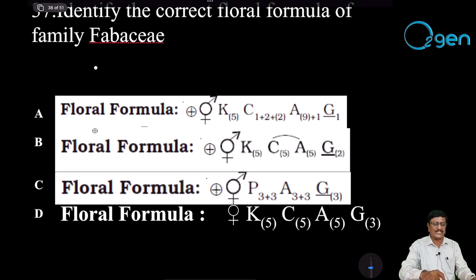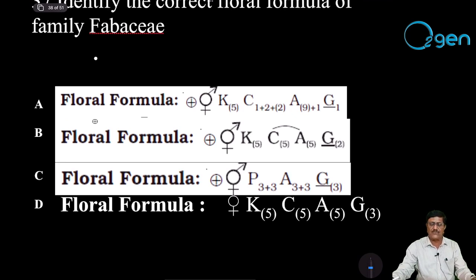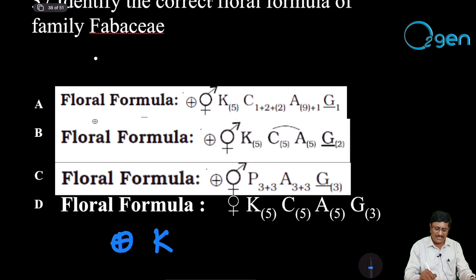Next, question 37. Identify the correct floral formula of the family Fabaceae. The first formula, A: the plus symbol is actinomorphic. Second, bisexual, both male and female organs are there. Calyx 5, with a bracket, is called gamosepalous.